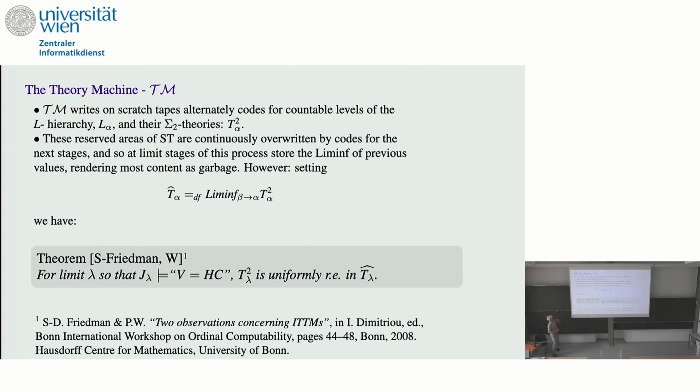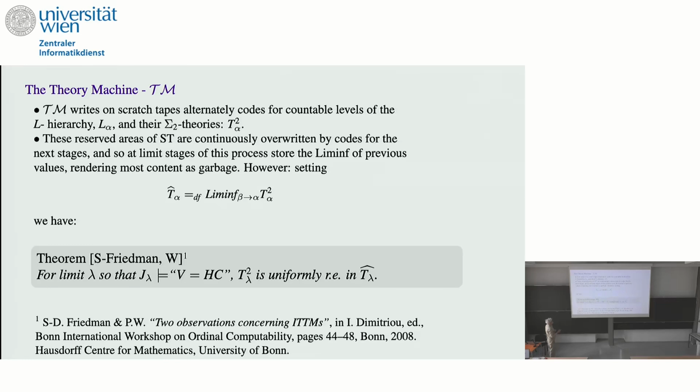But what the theory machine then does is just churns away. It doesn't stop. It just keeps writing theories and codes for the levels of the L hierarchy. And then at some point, it's going to have to loop back and keep repeating itself like this. So again, what does this loop look like, and what kind of things are there?